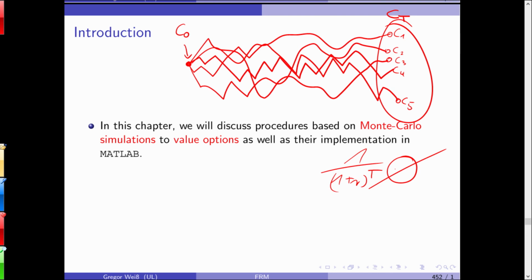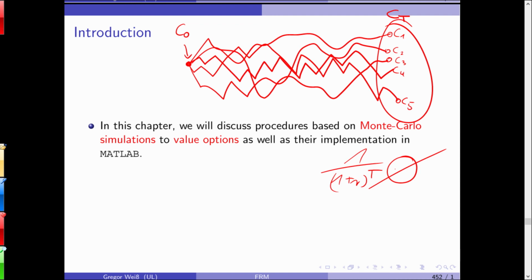And this is why I think you need to understand the basic properties of Black-Scholes to see why in some cases Monte Carlo simulation is needed. For a European call option, this is bogus. For a European call option, you can take Black-Scholes.